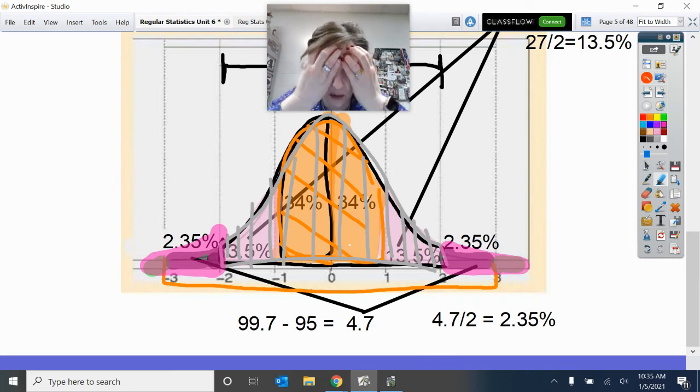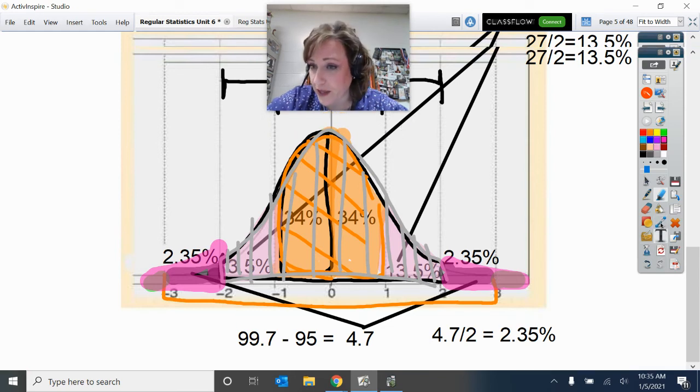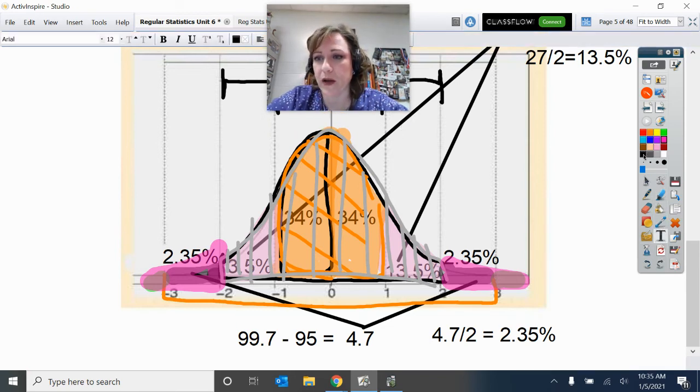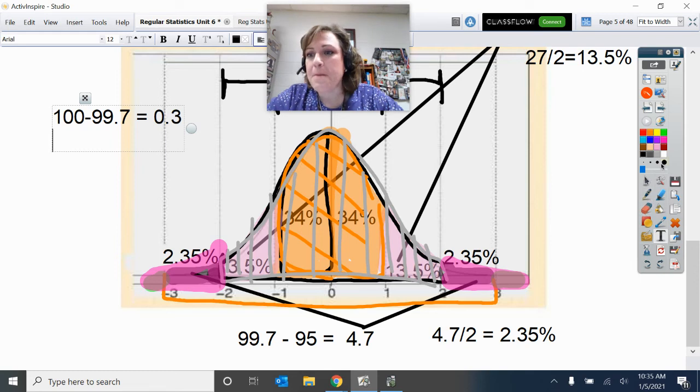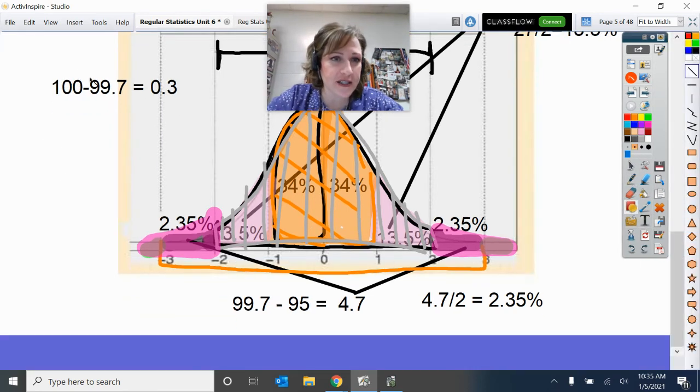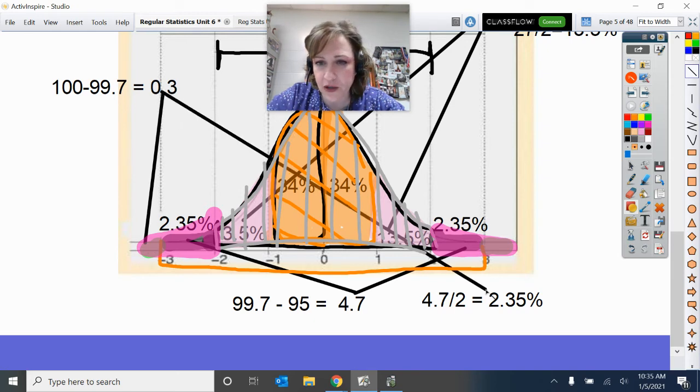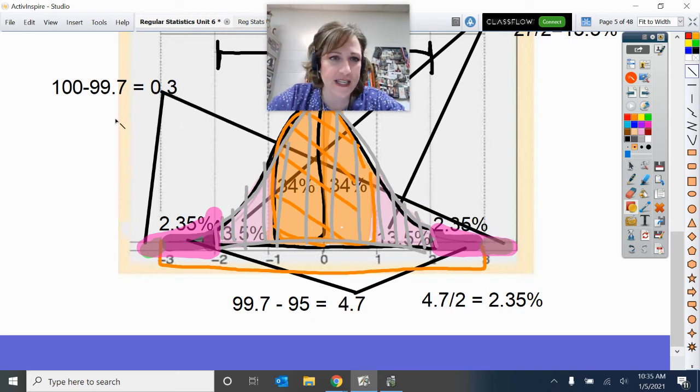So then you could take away the 2.5 minus 2.35, or you could also do like we've been doing, which is we do 100 minus 99.7, and that equals 0.3. And so that's 0.3 is what is left between those two sections on the very tippy tips of the normal model that go way out to infinity.